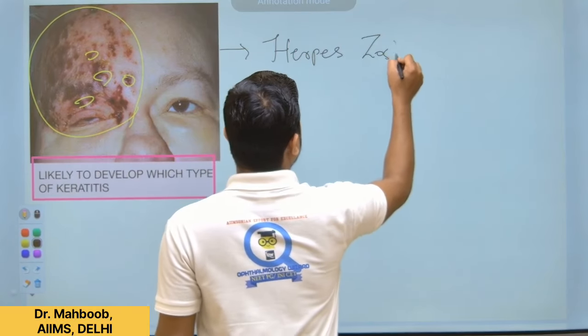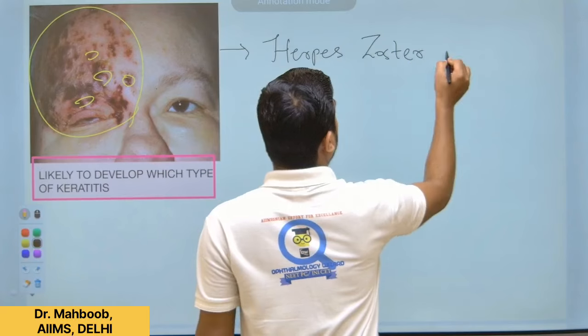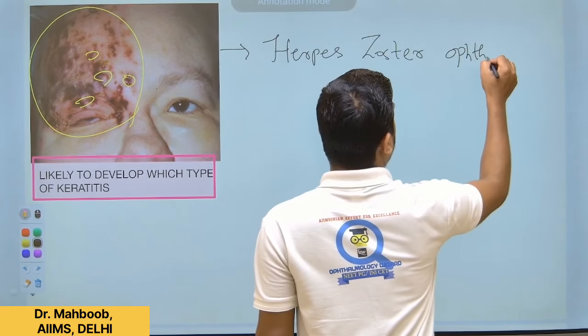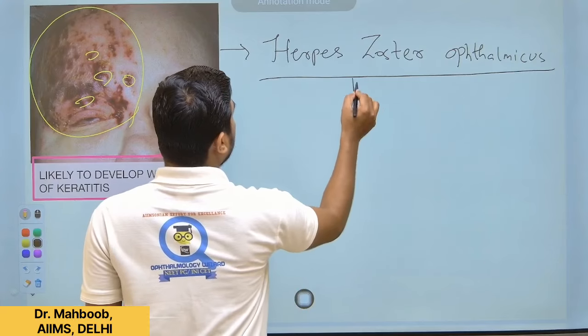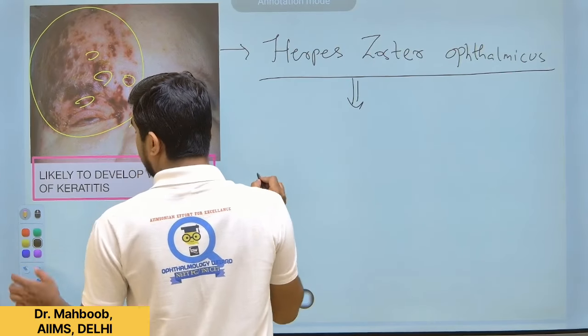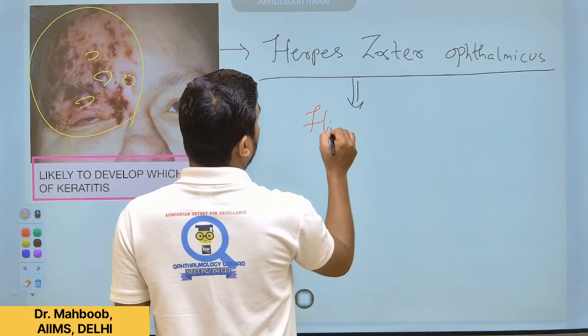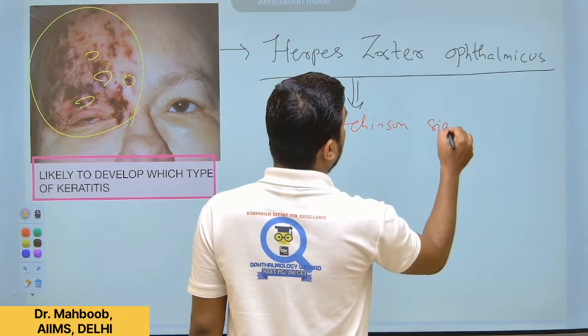Herpes zoster ophthalmicus. In this condition, you will find Hutchinson sign.